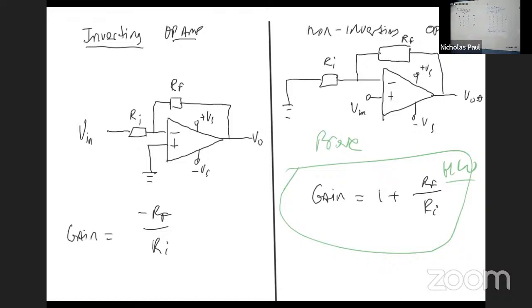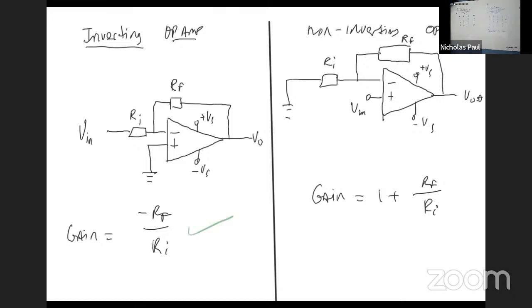So remember, how do you find gain for inverting op-amp? Minus RF over RI. How do you find gain for non-inverting op-amp? 1 plus RF over RI. How do you know which one is which?